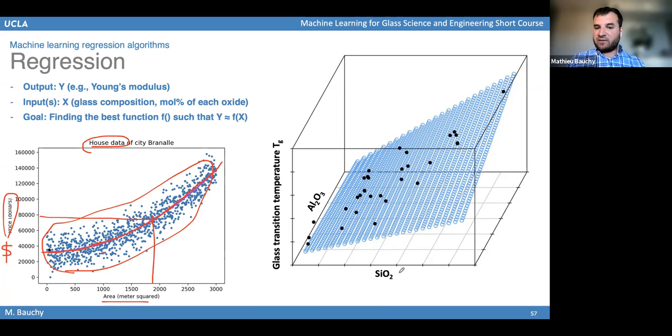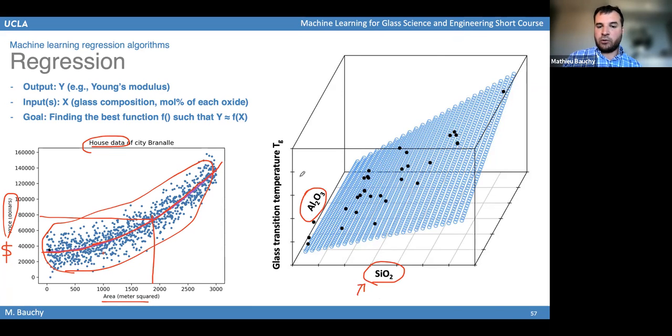In the case of glasses, you can think about a regression problem as follows. For example, you have some glasses and you know the composition of those glasses. You know how much silica those glasses contain, how much alumina those glasses contain. Those are going to be your two input variables.